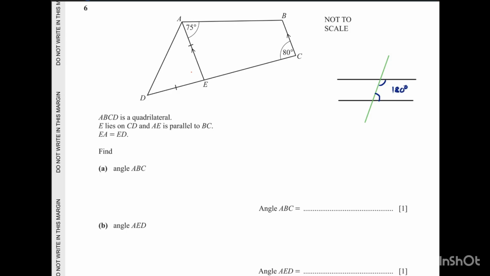So angle EAB and angle CBA, or angle ABC, when you subtract the angle 75 degrees from 180, you will get angle ABC. So 180 minus 75, 10 minus 5, 7 minus 7, it is 105 degrees. So angle ABC is 105.